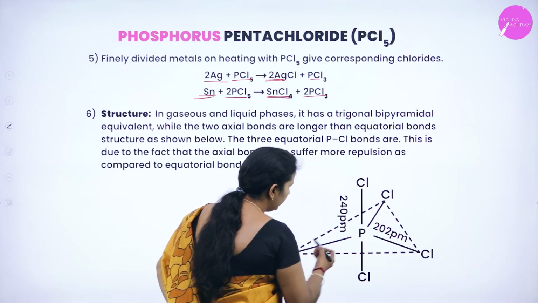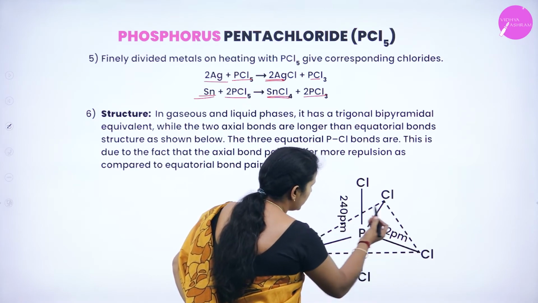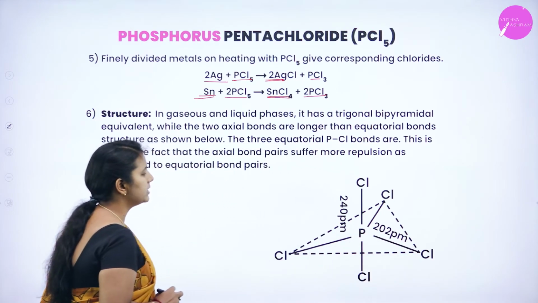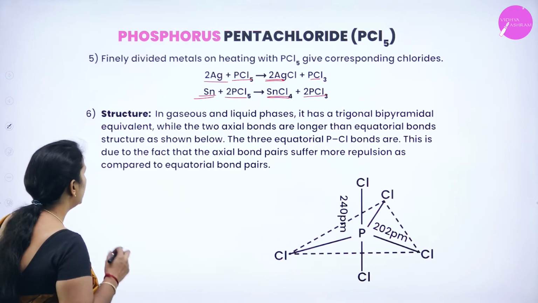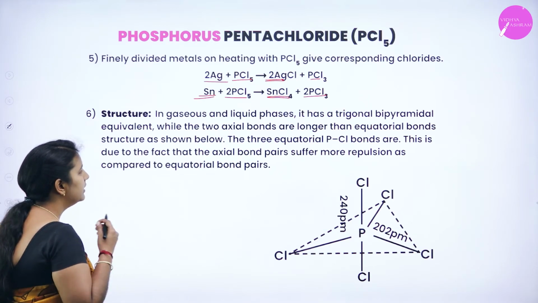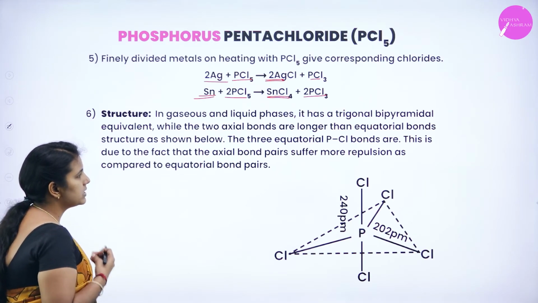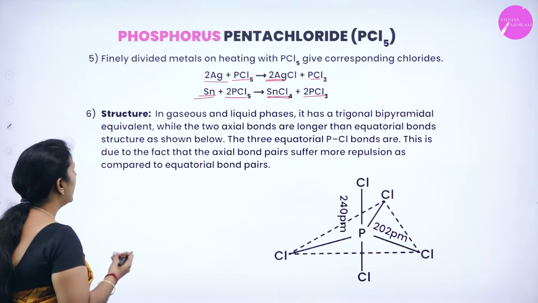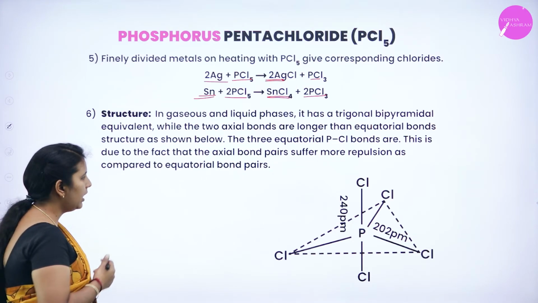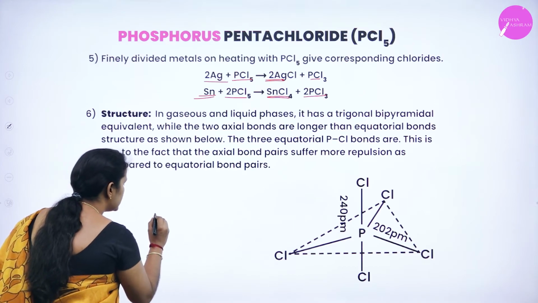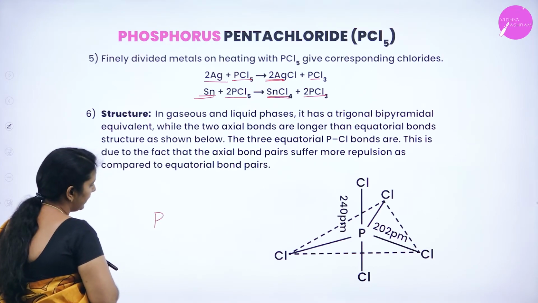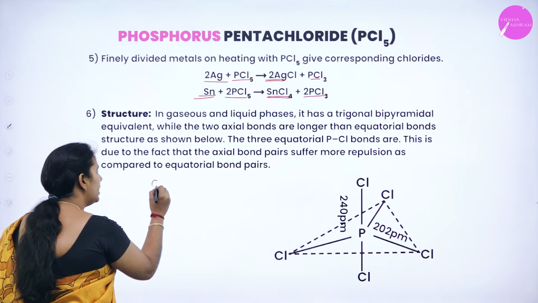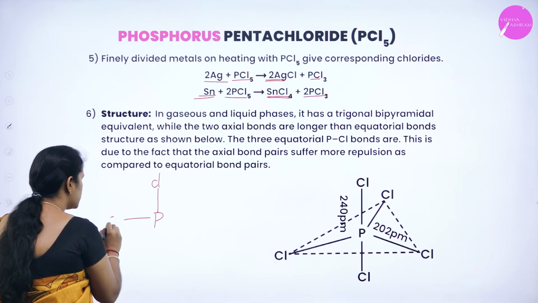You can see that these are the three equatorial bonds found with the central atom, phosphorus, and due to the fact that the axial bond pairs suffer more repulsion as compared with the equatorial pairs. So I write once again, this is a central atom phosphorus surrounded by 5 chlorine atoms. Okay.